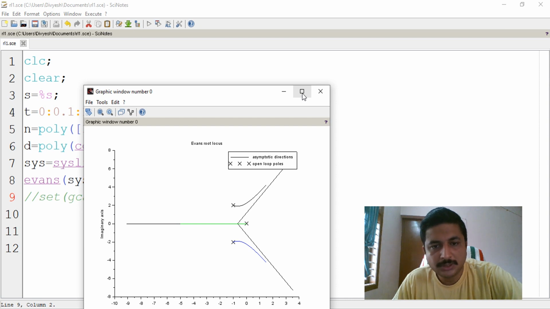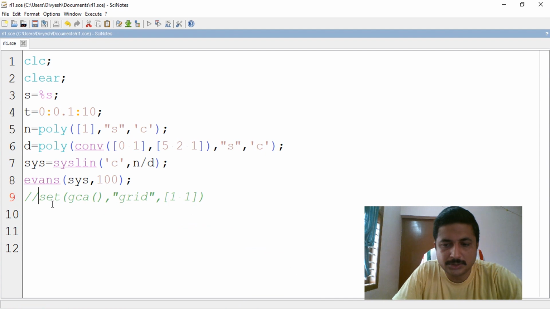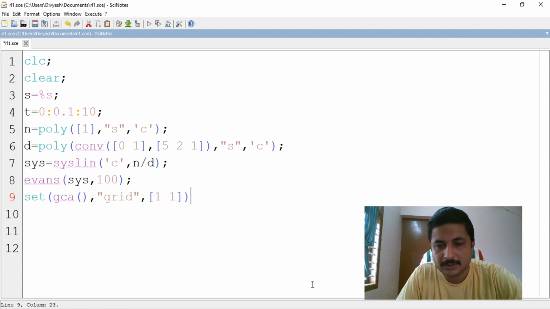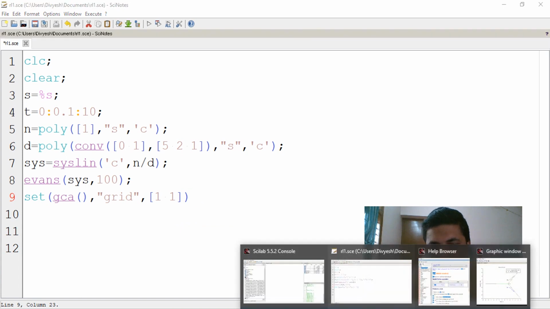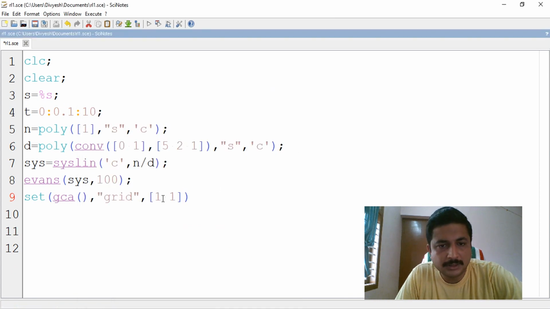Now I told you grid lines are used to have better visualization. This particular graph is very blank, so it's difficult to understand the imaginary axis, and it's difficult to understand where the centroid is. Obviously you can use the data type mode, but to give it more visual appeal, we use this function for turning on the grid.